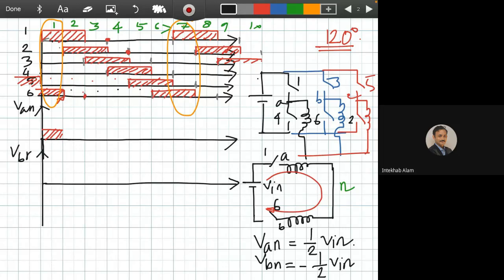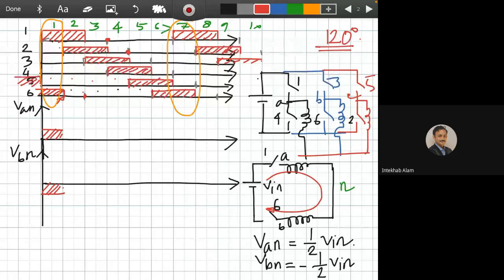So if it is Van like here, the value of Vbn is like here. Do you think it's good? Yes, sir.